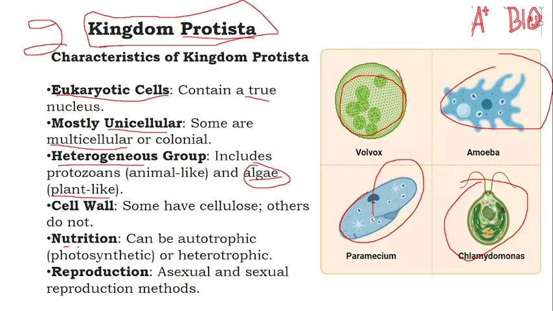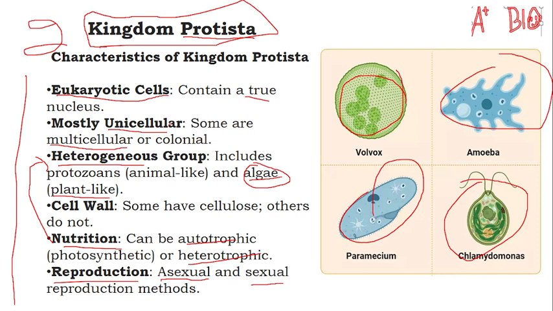For nutrition, as I said, they are autotrophic or heterotrophic, which is a repetition. In terms of reproduction, the Monera are usually asexual, but these can be either asexual or sexual. I hope you are also understanding the characteristics of kingdom Protista.